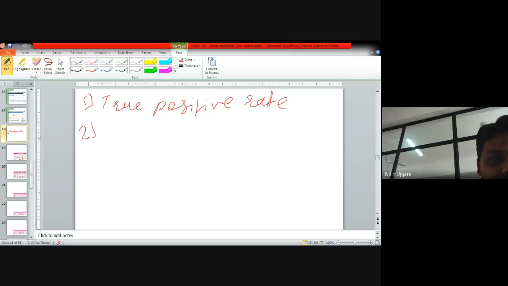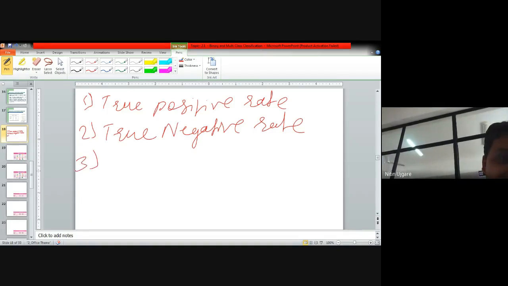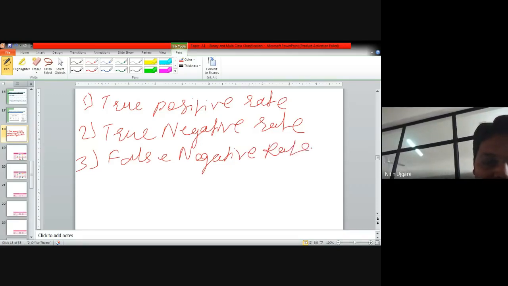Then true negative rate, the number of negative class instances which are correctly classified by the classifier. Then we have false negative rate. False negative rate is the total number of positive class instances which are incorrectly classified, or misclassified, by the classifier.